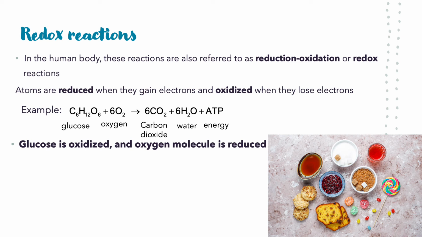We all know glucose gives you energy. So this is where that energy, ATP, is coming from. I'm going to be discussing ATP later on. ATP is short for adenosine triphosphate. All right. So this is what we call energy in the human body. So here we see that glucose is oxidized and oxygen molecule is reduced.